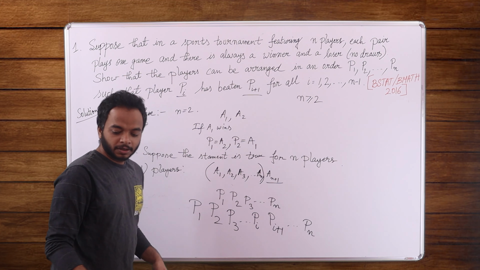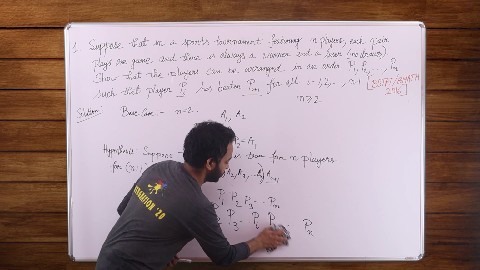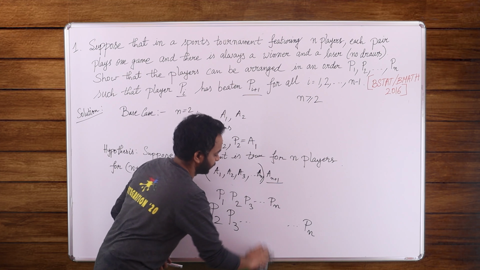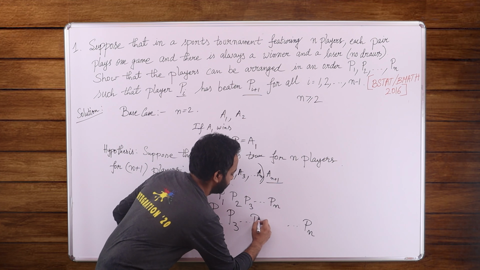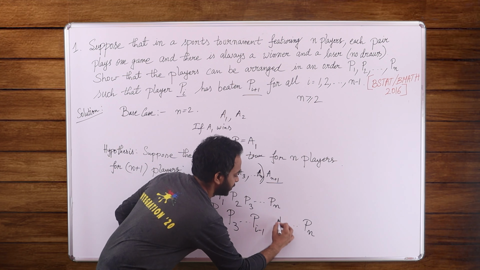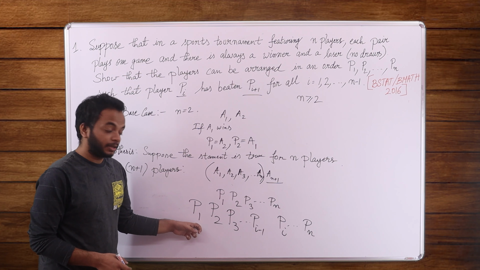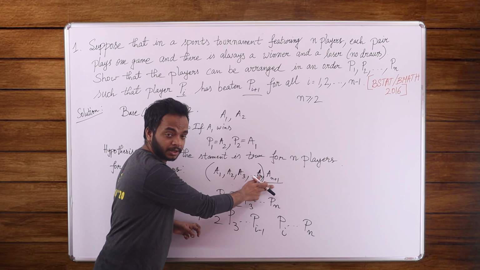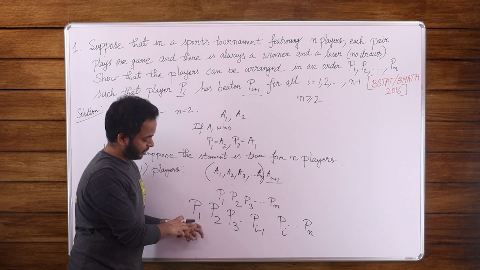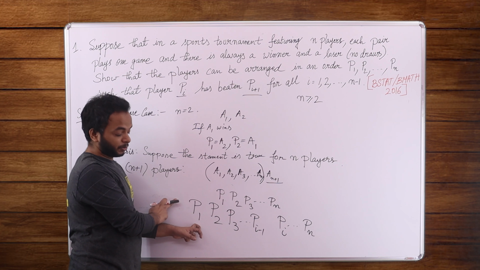So let's see. Suppose here I have pi minus 1 and here I have pi. Now I went to p1 and asked n plus 1, have you defeated p1? If it said yes, I'll put it here.